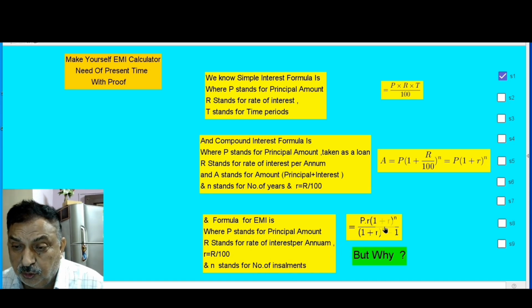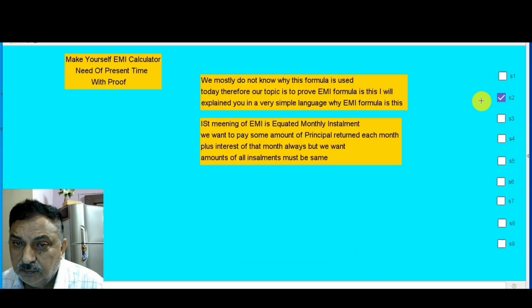The formula we know for EMI is this, but why? Today our topic is why this is the formula for EMI. We mostly do not know why this formula is used.